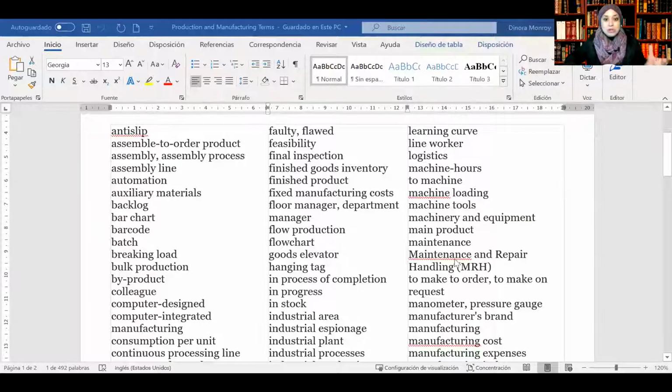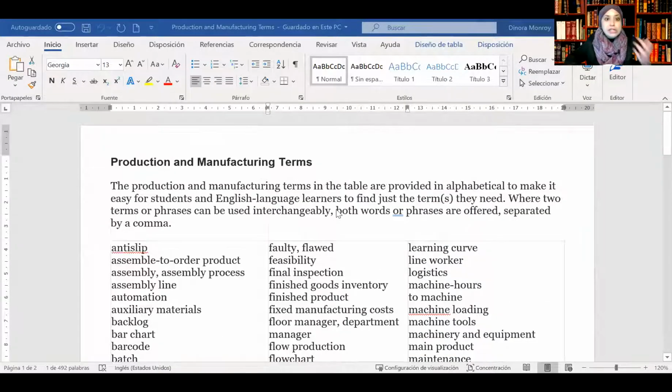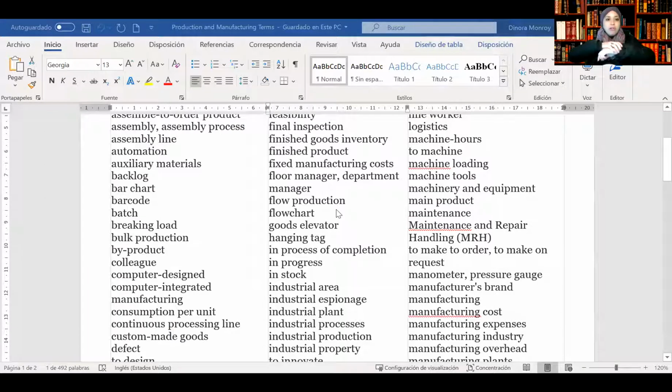So I'm explaining what you're going to be doing. You're going to be working on making a glossary, un glosario, of all of these words.